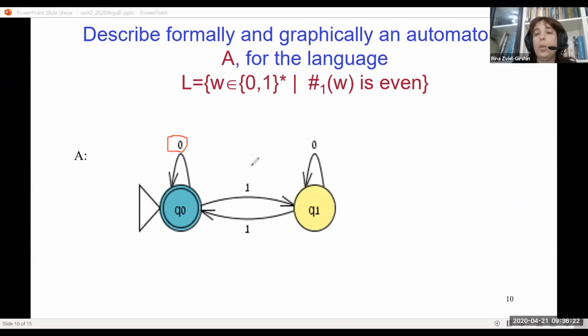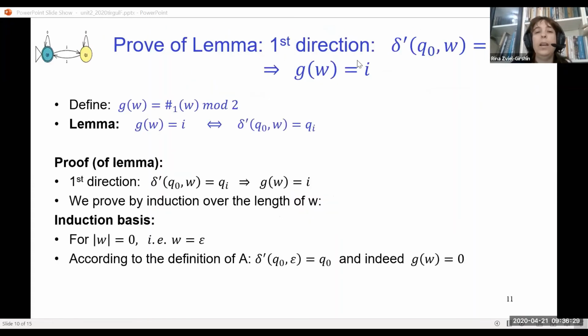So what I will do with you now is give you the formal proof that the automaton we built and the language we have are the same.